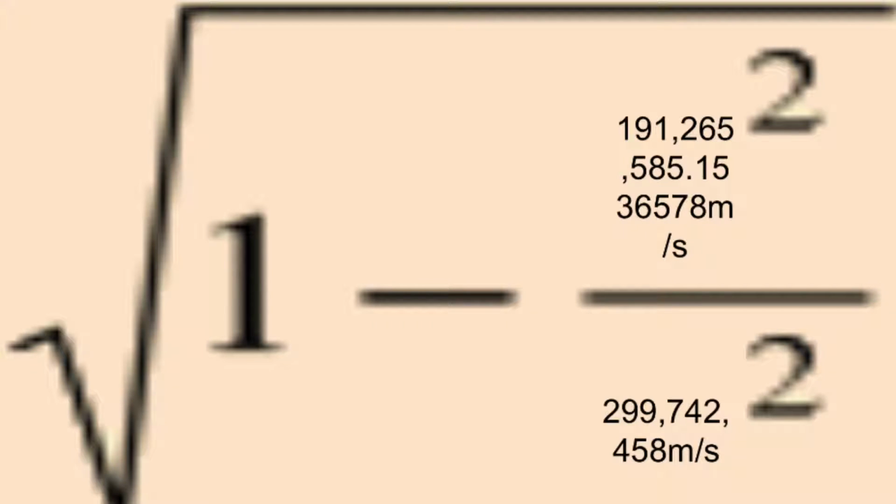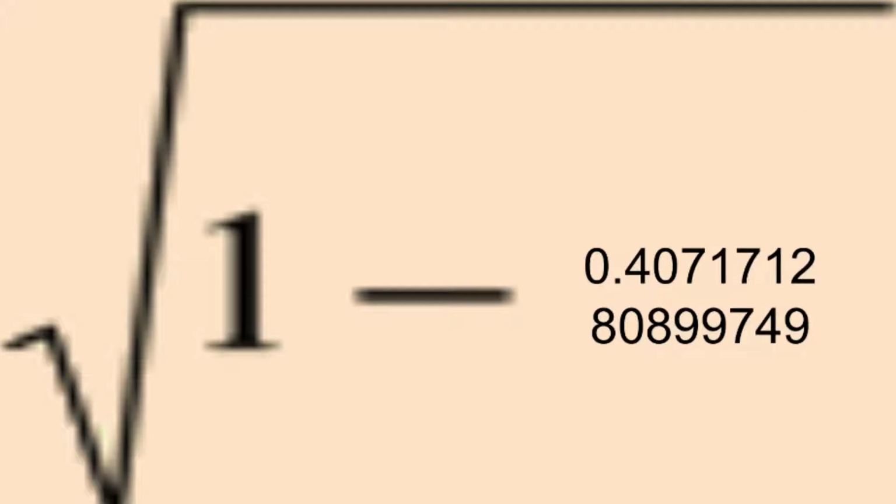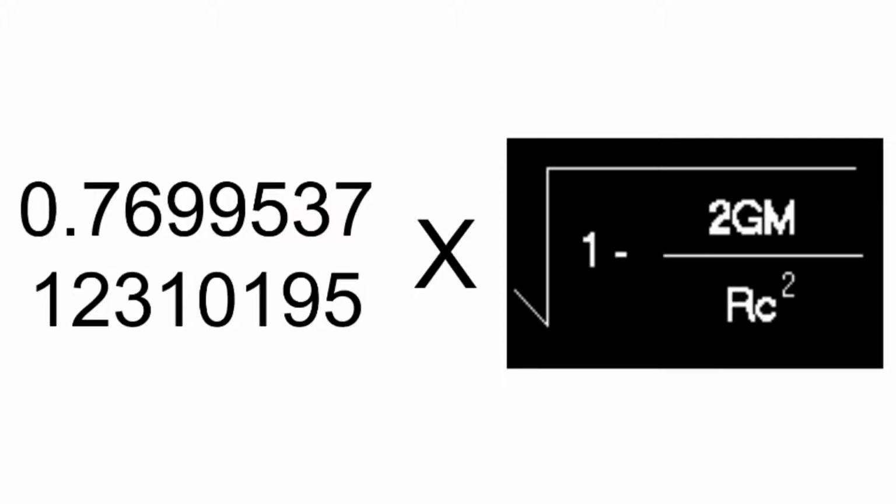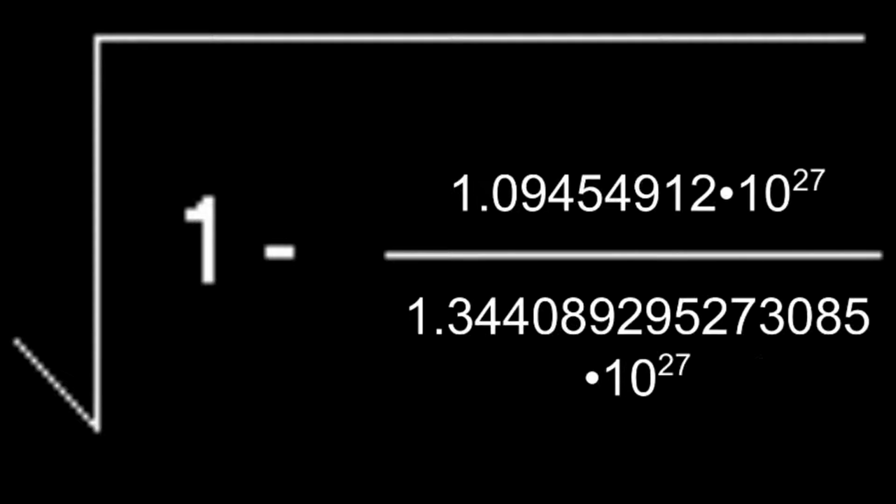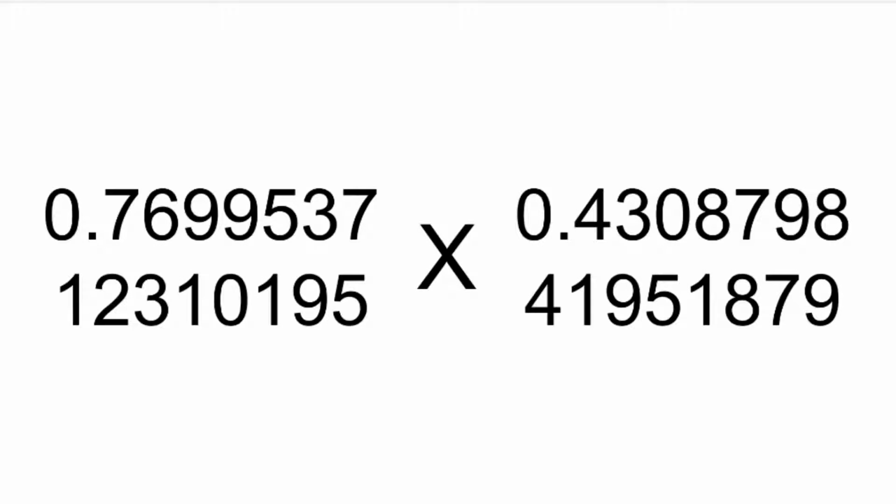Next, we put this number into the speed time dilation equation to get about 76.995% speed time dilation. After that is gravitational time dilation. Plugging in the mass of the black hole and the distance from the center of it, we get about 43.088% gravitational time dilation.